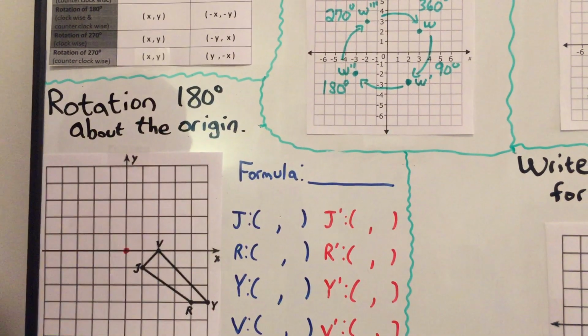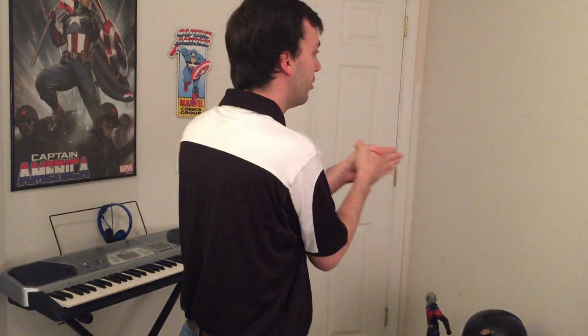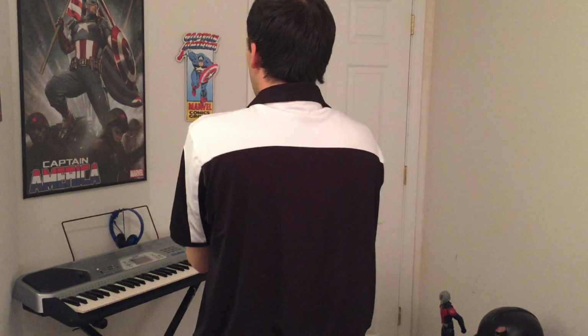Well, if you think about 180 degrees, I'll demonstrate standing up right here. If I was looking at the camera and I turn 180 degrees this way, I'm looking at the door right here. Now let's say I decided to rotate the other way, 180 degrees. I still get to the same spot, the same position.